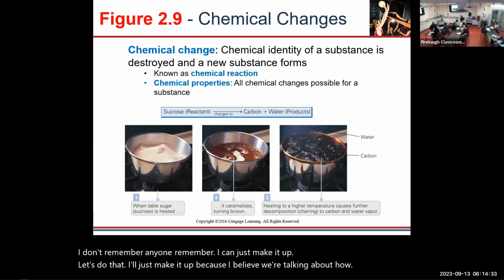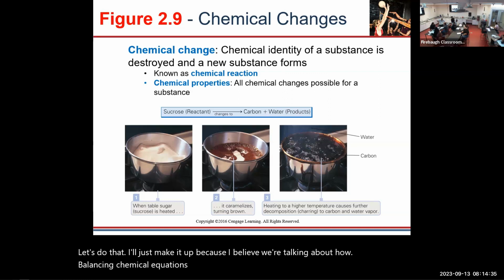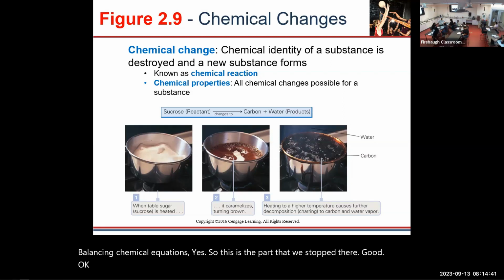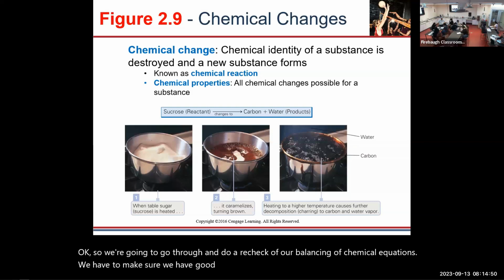Balancing chemical equations. Yes, so this is the part that we stopped. Good, good. Okay, so we're going to go through and do a recheck of our balancing of chemical equations to make sure we have good understanding, because that is going to be the foundation of a lot of your chemistry.